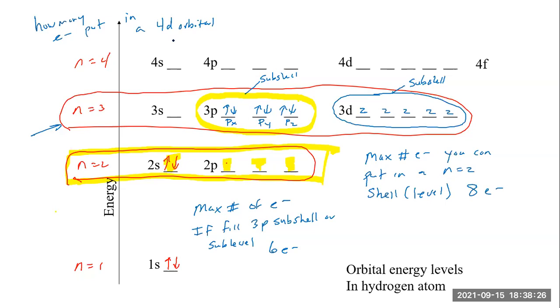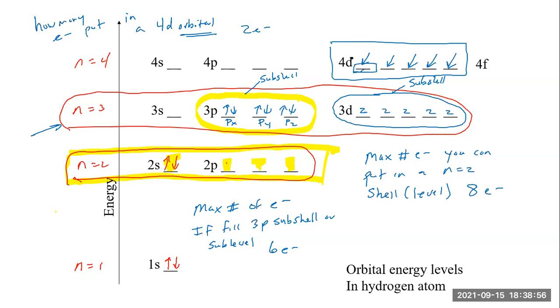If you remember a second ago, I said any individual orbital can only hold 2 electrons. So we're not talking about all of these together, right? Because all of these together would be the 4d subshell. We're talking about an individual 4d orbital, which could be that one, that one, that one, that one, or that one. And no matter which individual one we're talking about, it could only hold a maximum of 2 electrons.